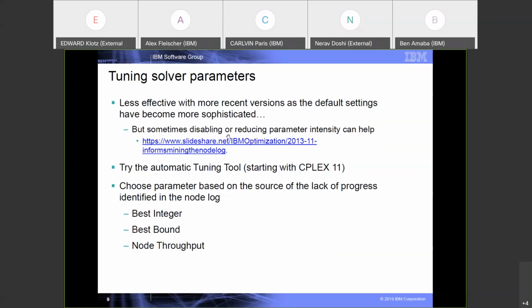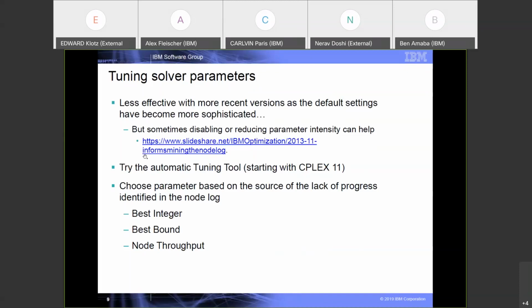And sometimes you actually want to reduce the amount of calculation it does, and you can save time that way. We'll talk about that a bit more later. Seaplex also has an automatic tuning tool where you give the model to Seaplex and tell it to go run some things, and it will come back with some suggested parameter settings.